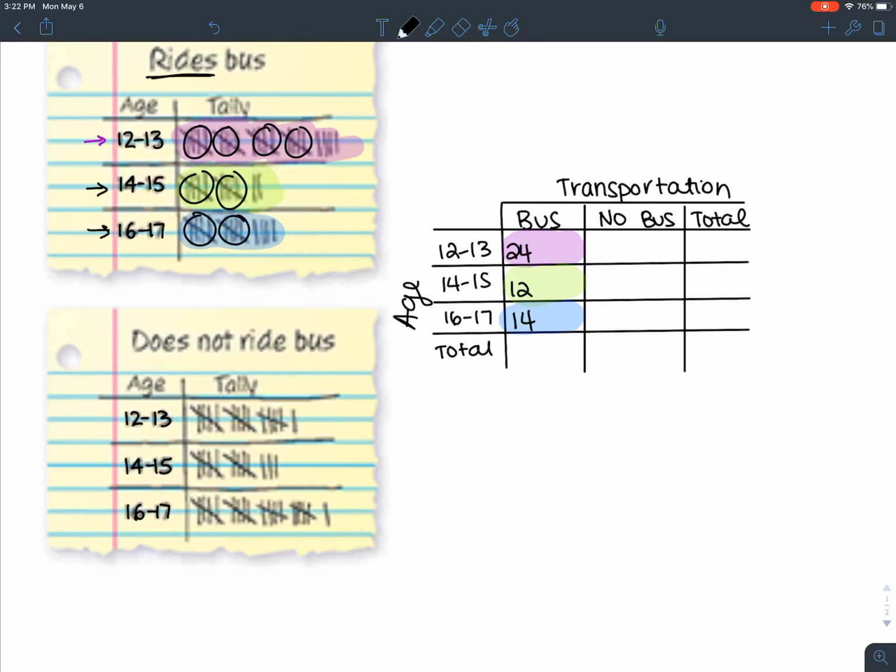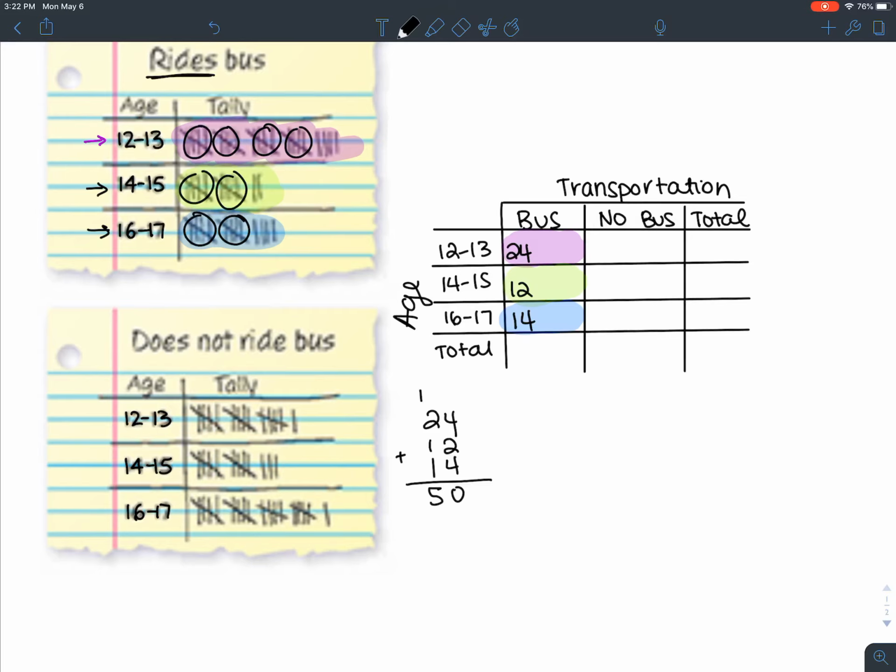So we could find the total by adding these up. So 24, 12, and 14. If we add them up, then we get 10 over here, carry the 1. 60. Nope, sorry, 50. Wait. I think we counted wrong. 1 plus 2 plus 3, 4. No, it is 50.